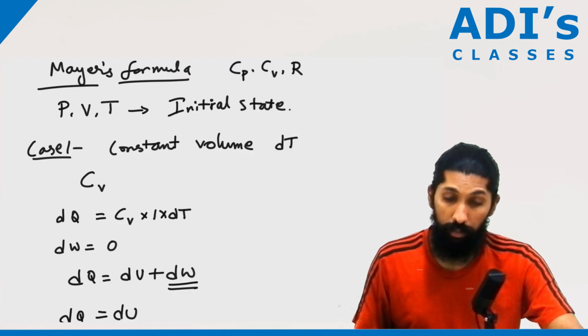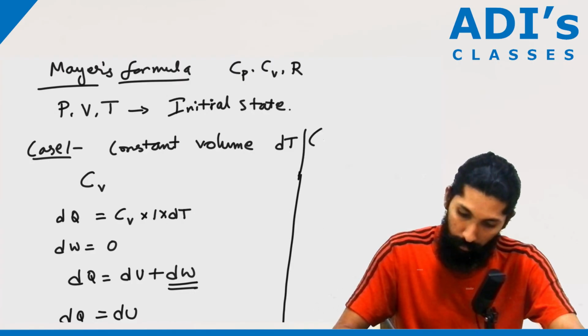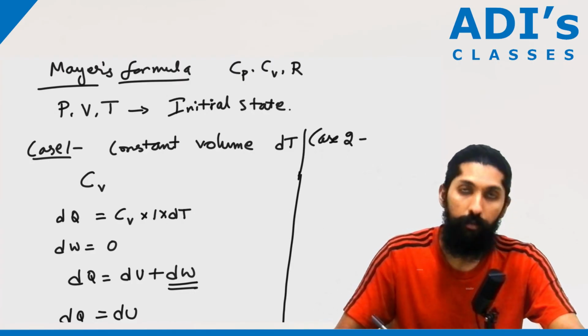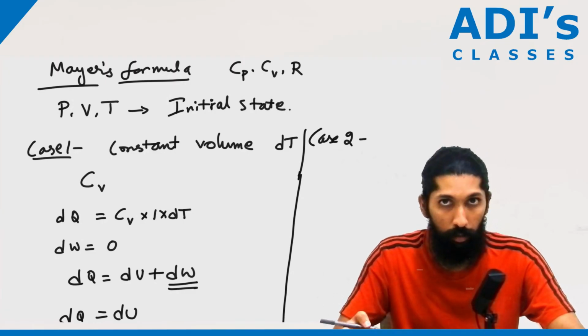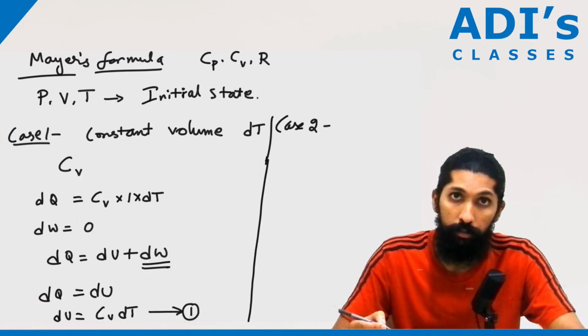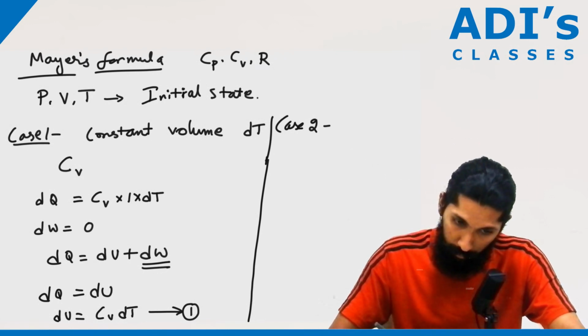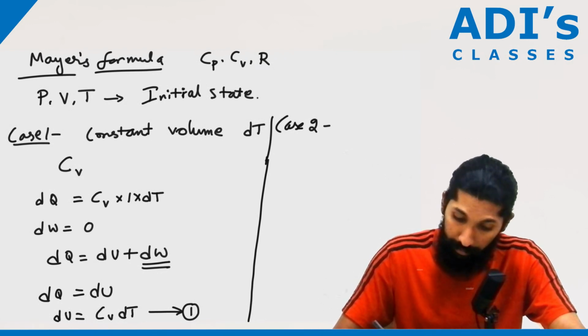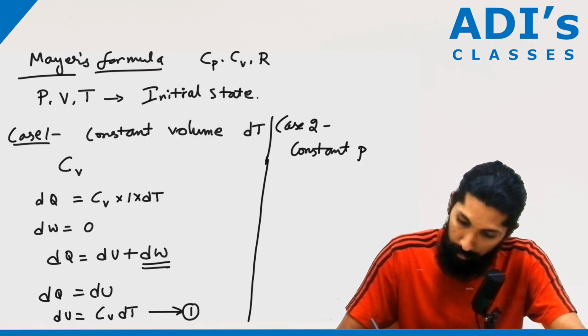Now let's do the second one, case 2. In the first case we did constant volume. Now we'll do constant pressure. In case 2, the gas is being heated at constant pressure.